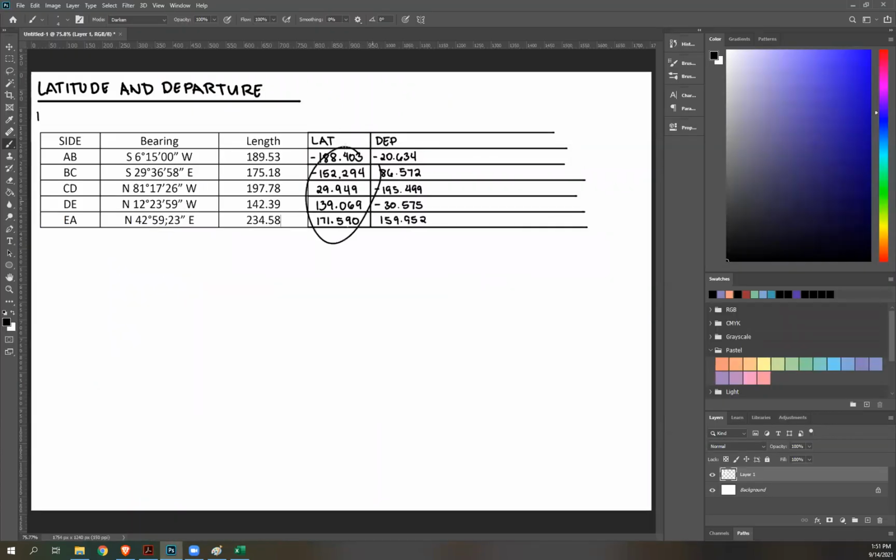Can somebody please compute what is this? Okay, 3 decimal places pa rin.